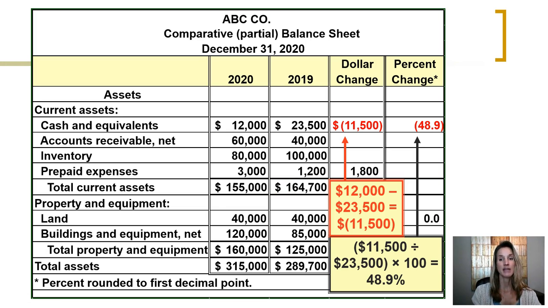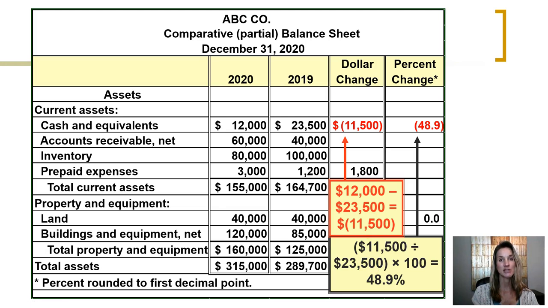So step one is to calculate the dollar change. We started with $23,500 in cash, ended 2020 with $12,000 in cash. Overall, there was a decrease of $11,500. Once we have the dollar amount of change, we can compute the percent change. We do that by taking the dollar amount of change and divide by the base year.